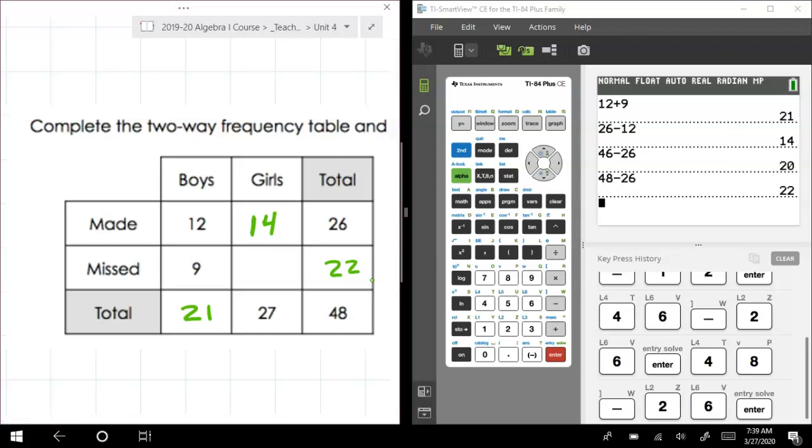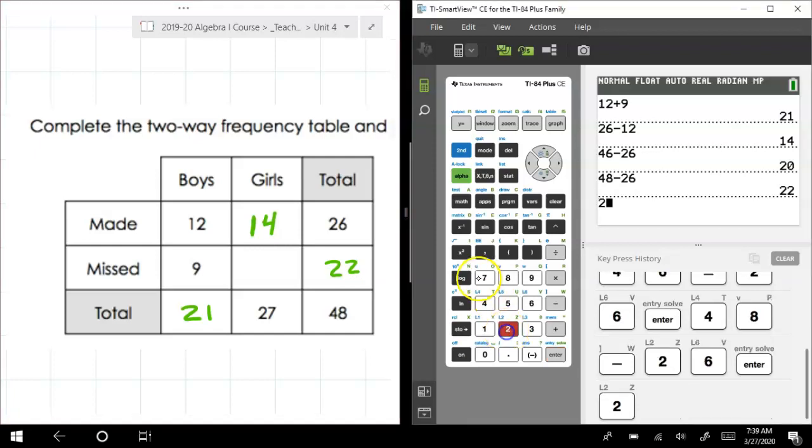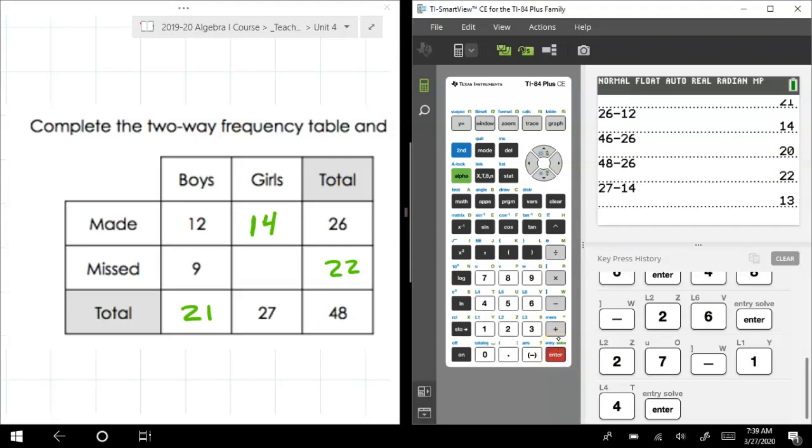Then I know 22 missed, and 27 total girls minus the 14 that made it means there were 13 that missed.